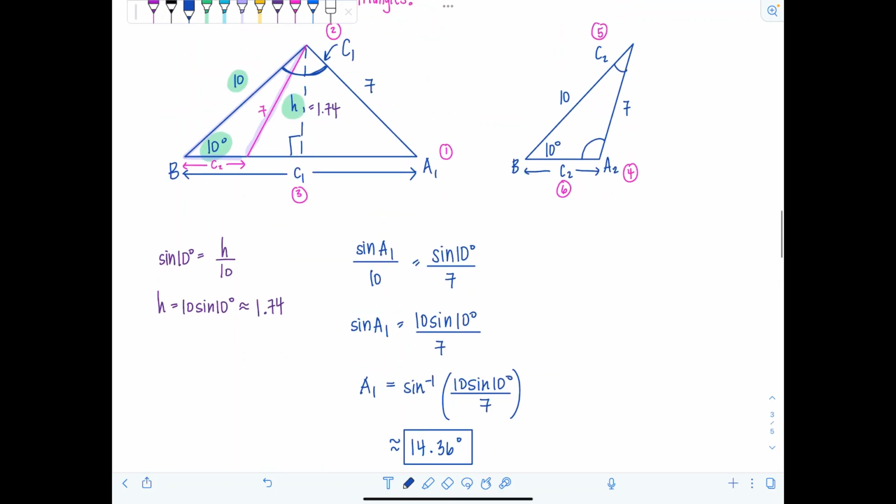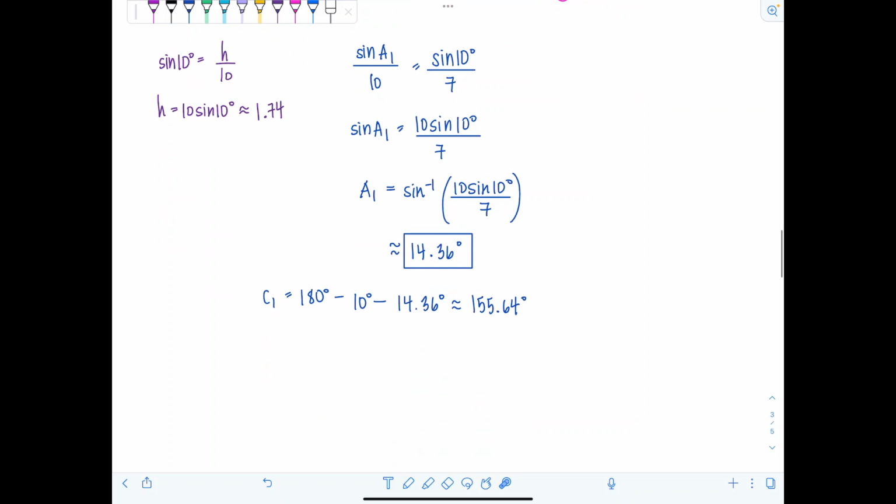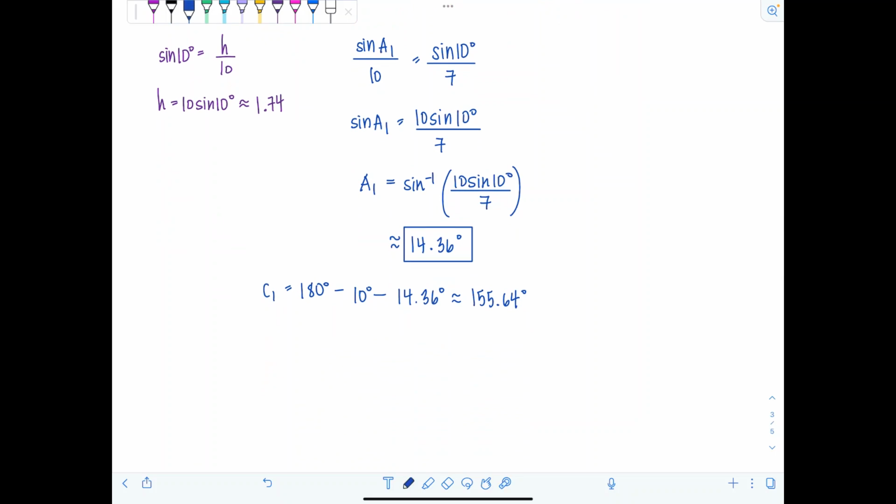Now, if you look at my picture, it doesn't look like angle C1 is 155 degrees, but that doesn't matter. The picture is just there for reference so I can orient myself. This value is correct. Your picture, like I've been saying over and over, doesn't have to be to scale.